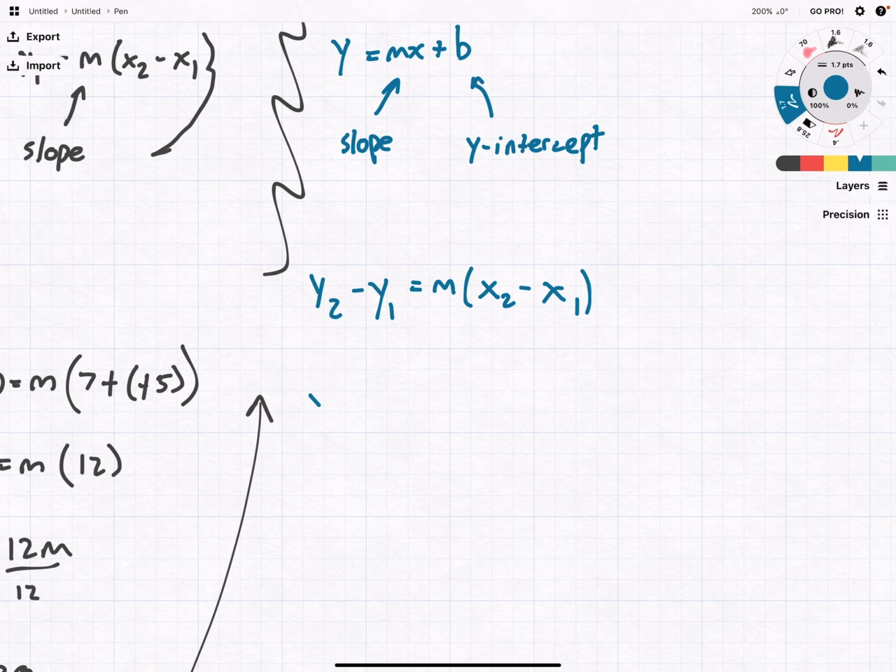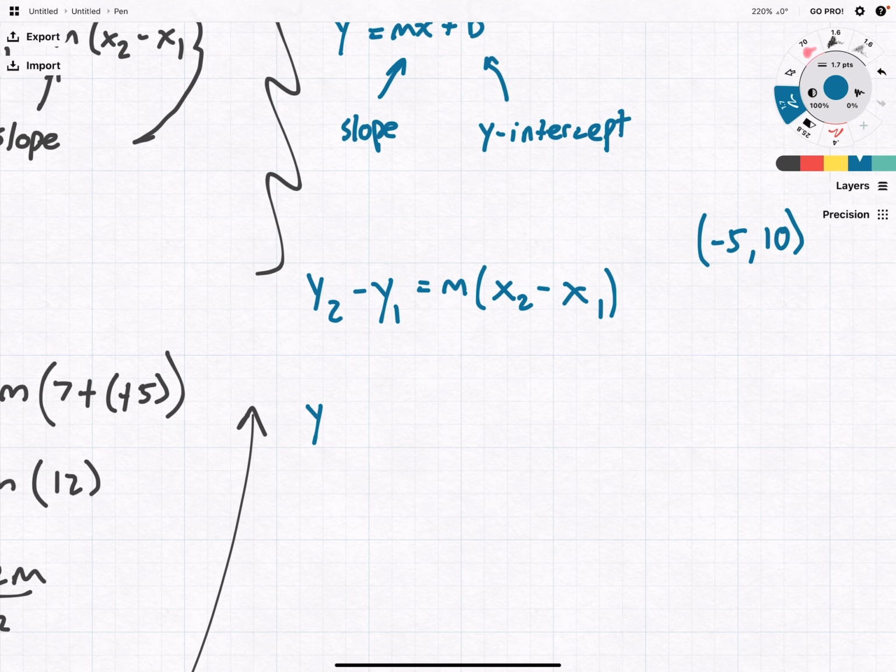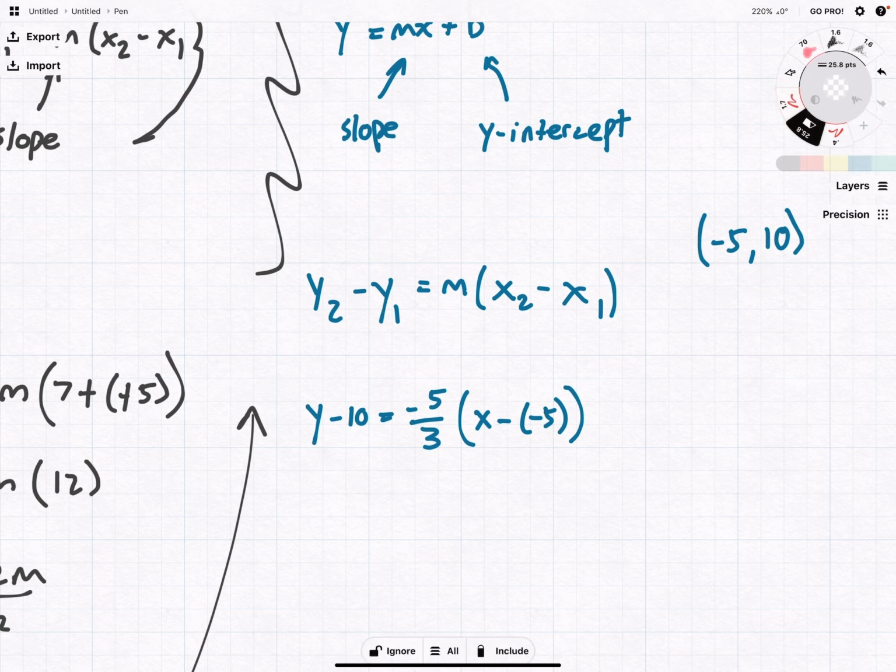I'll write it over here just so we can see it. So that gives us y minus 10 equals m, well, our slope was -5/3, so -5/3 times x minus a -5. Okay, well, minus a -5 ends up just being a +5, so I'm going to change that right now.